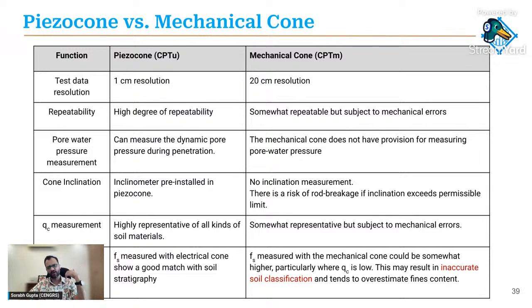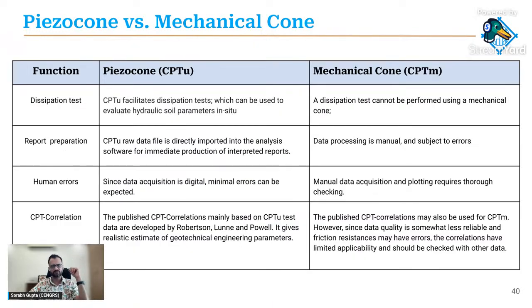You have the advantage in the piezo cone that you can measure the pore pressures, which is something we obviously could not do in the mechanical cone. We can measure the cone inclination, which becomes quite important as well, and we'll see that. And the QC measurement in the piezo cone is quite representative of all kinds of soil materials and very useful for getting the soil behavior type values as well.